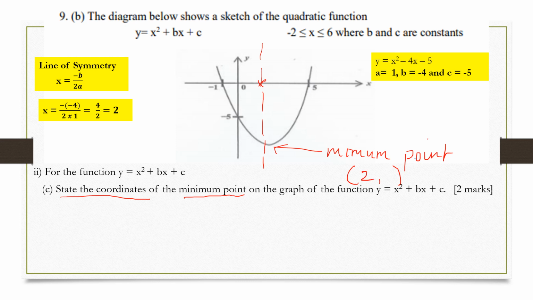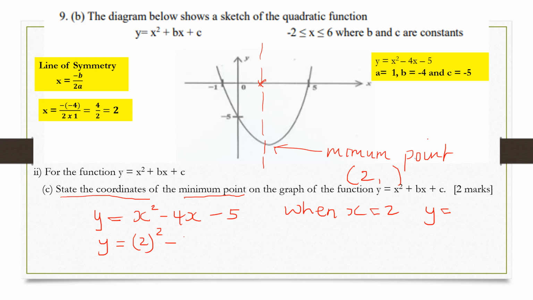But what is the y coordinate? This is a quadratic. Y equals x squared minus 4x minus 5. So just substitute x. So when x is equals to 2 was the value of y. So y is equals to 2 squared minus 4 by 2 minus 5.